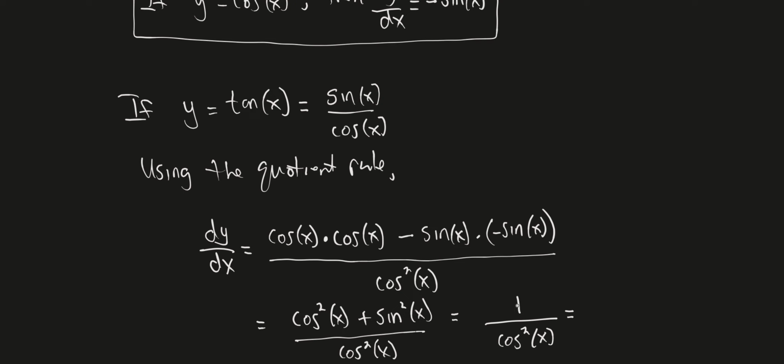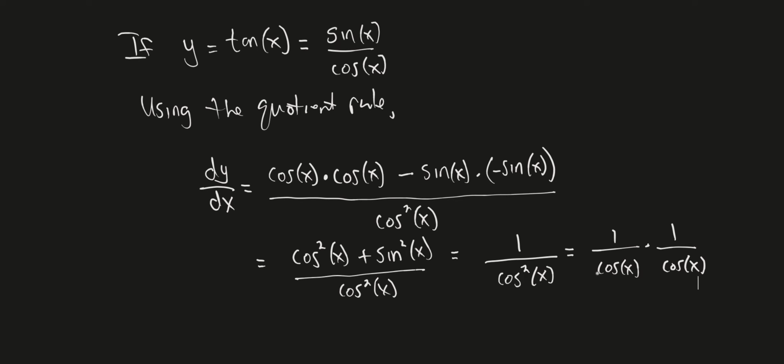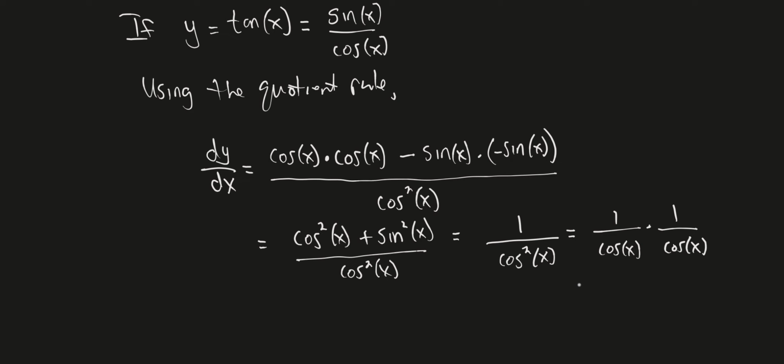So I can write it like this: 1 over cosine of x times 1 over cosine of x. By definition, the reciprocal of cosine is secant. So this is secant x times another secant x, and we get secant squared x. And that's how the derivative of tangent is normally expressed.